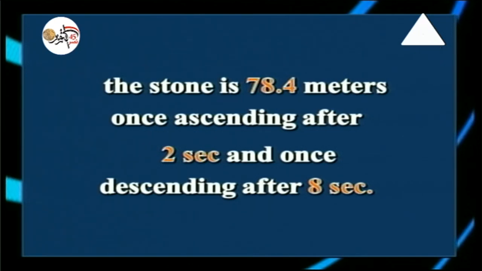My dear student, we have two times, t equals 2 and t equals 8. What do you mean? The stone is 78.4 meters high once ascending after 2 seconds and once descending after 8 seconds.